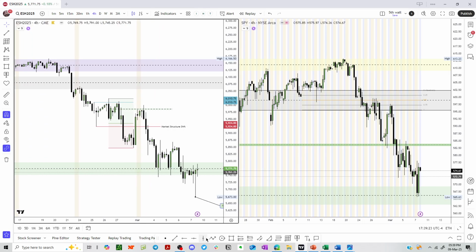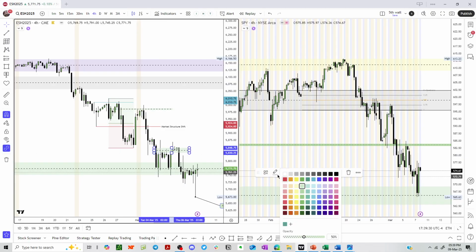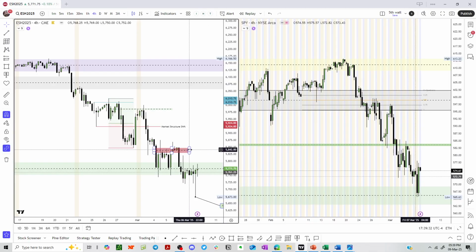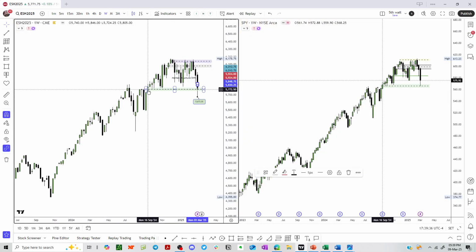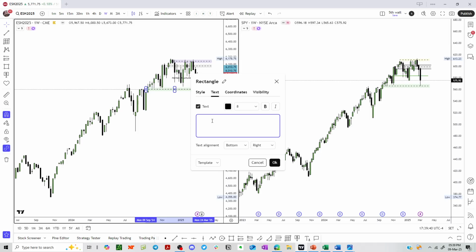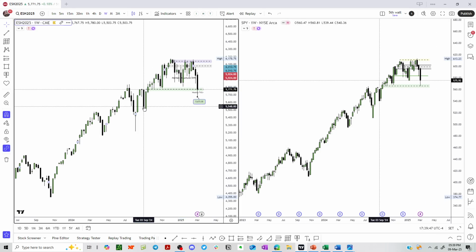Hopefully that's a weekly level. I'm not making up stuff. And we can have this fair value gap, let's make sure that's a weekly fair value gap. It is. Could name it right. All right.